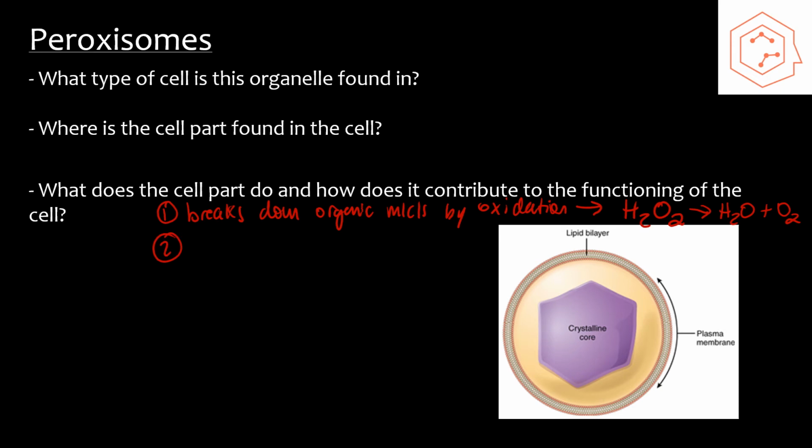Peroxisomes also perform reactions with different metabolic functions. They can break down fatty acids and amino acids necessary to produce other biomolecules such as cholesterols and phospholipids.